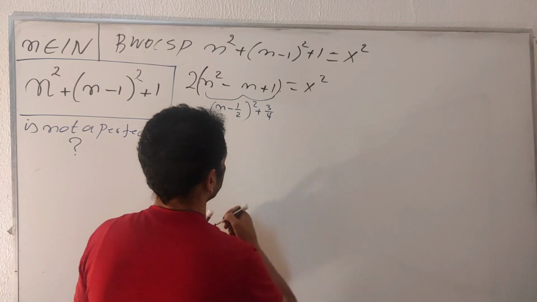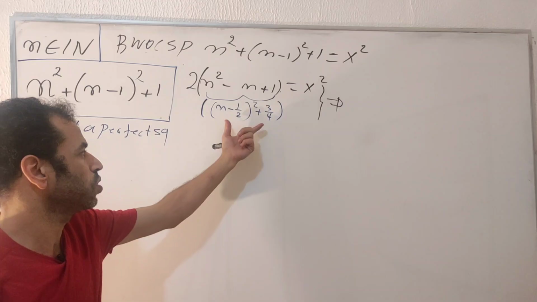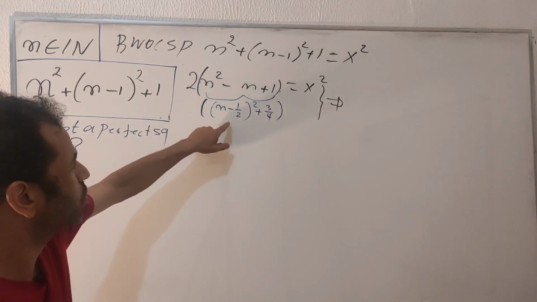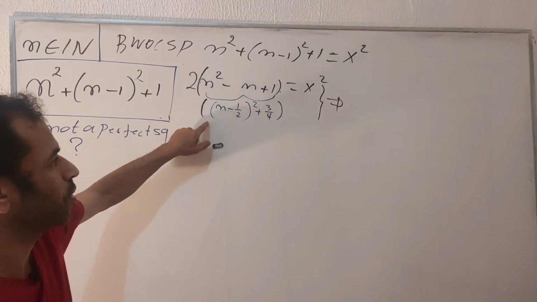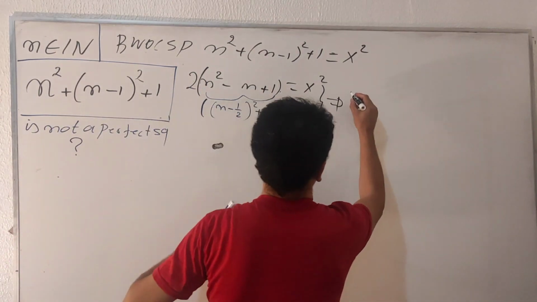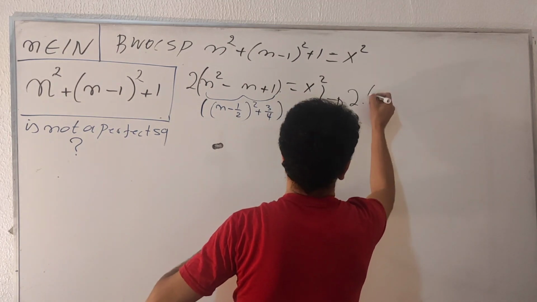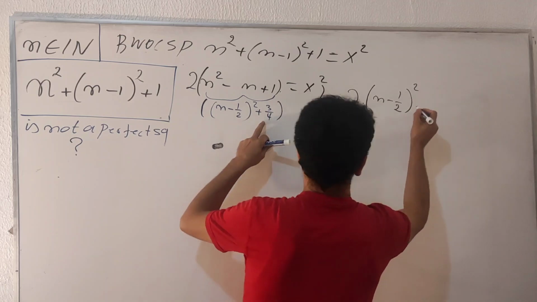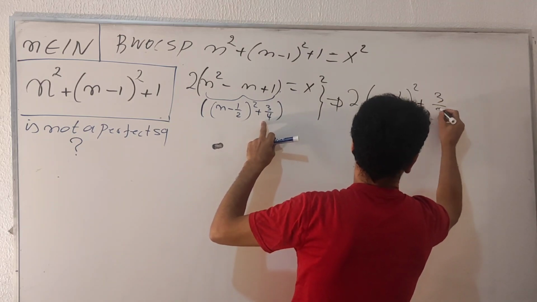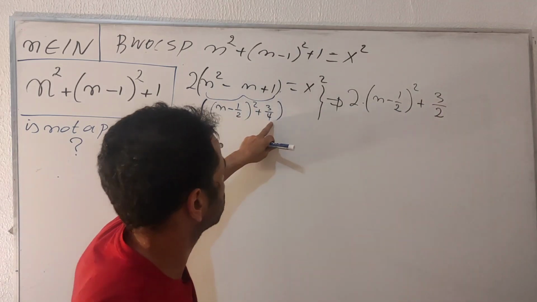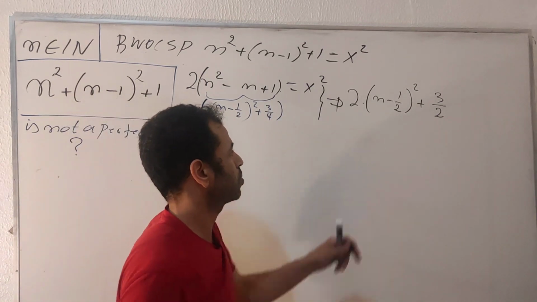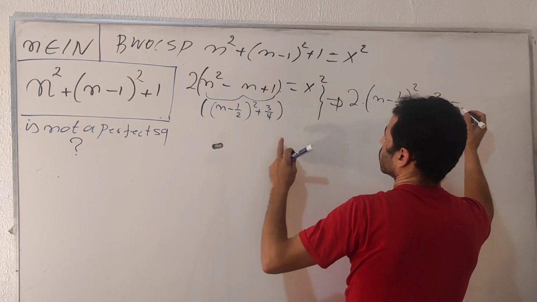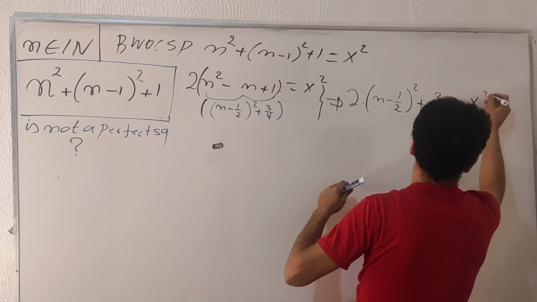Before we proceed, I'm going to put this separately because I have 2 as a multiplier. So I get here 2 times n minus half quinary square plus 3 over 2, because 2 multiplied by 3 over 4 gives us 3 over 2, equals x squared.